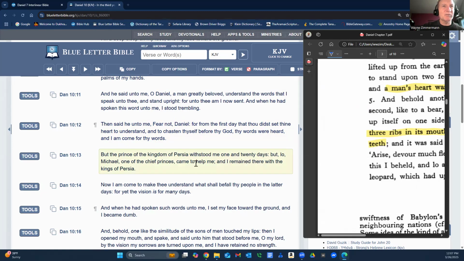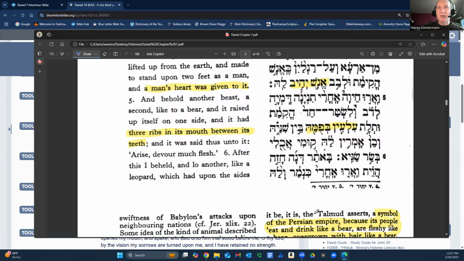But then he explains in verse 13 that the prince of the kingdom of Persia withstood me. So there was a standing in the way here, a hindering of Daniel's prayers, that couldn't be answered until Michael, one of the chief princes, came to help against this king of Persia. Well, the king of Persia is referenced as a bear.